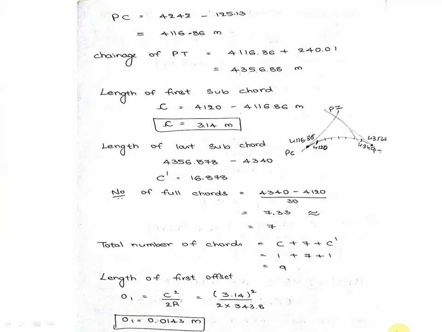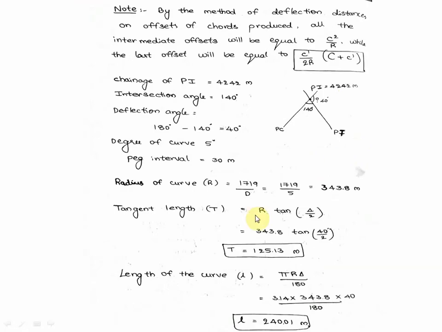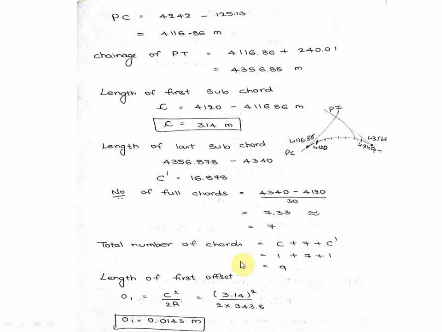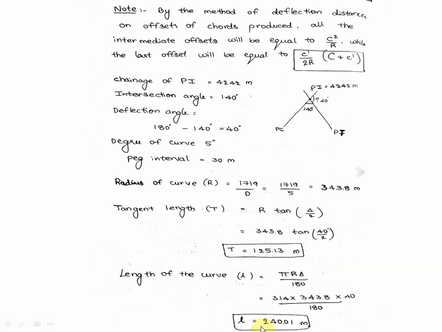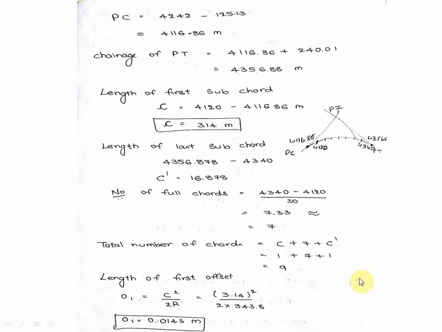So you will get a total of 230.08 meter, which is less than the calculated length of curve. 240.01 meter is the calculated length of curve. So when you add the lengths of all the chords, it should be near to 240, it should not be greater than 240. Okay, now clear.